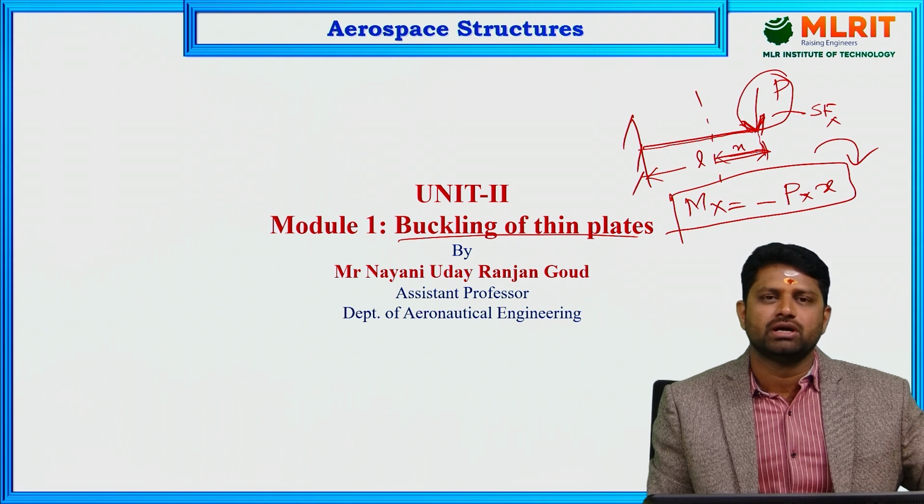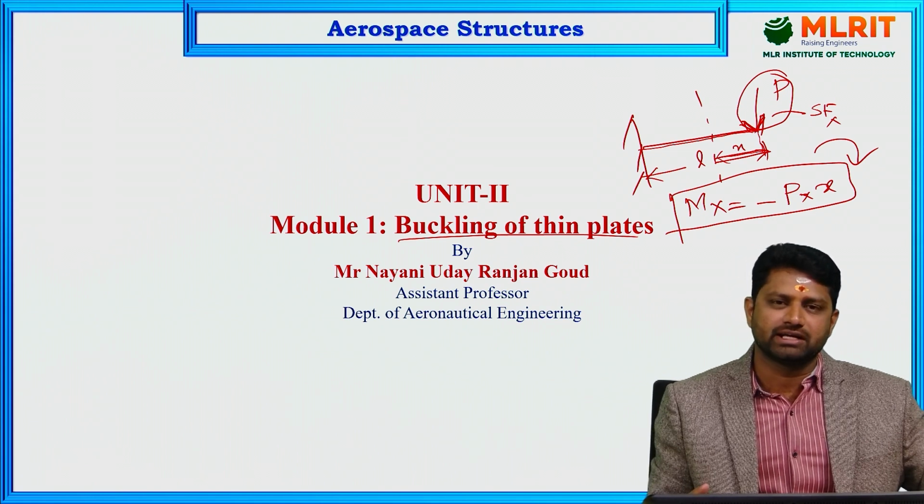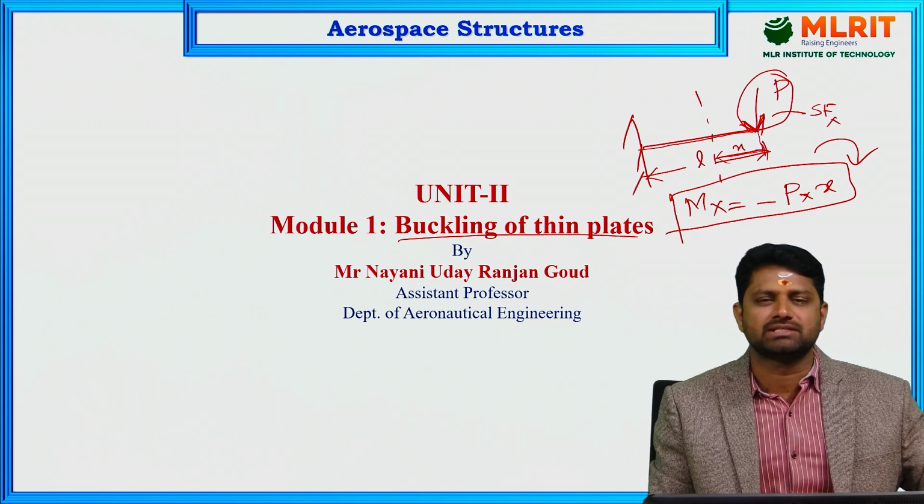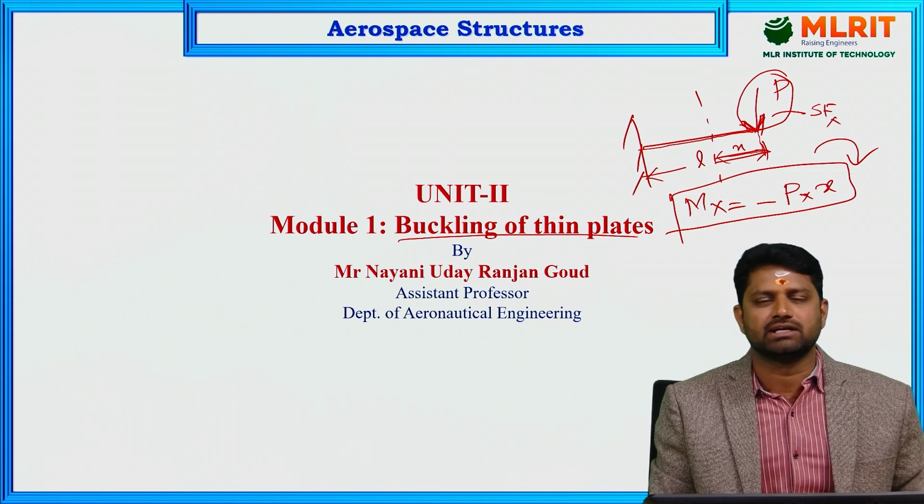If you try to increase the load, then it is going to deform further, and whenever the ultimate compressive load is reached, the material will buckle. That means it is nothing but an instability condition that occurs in either a beam or column or any material.